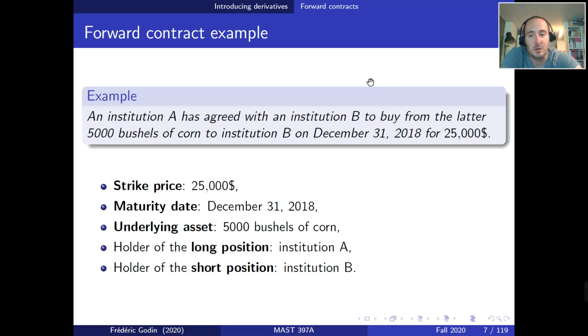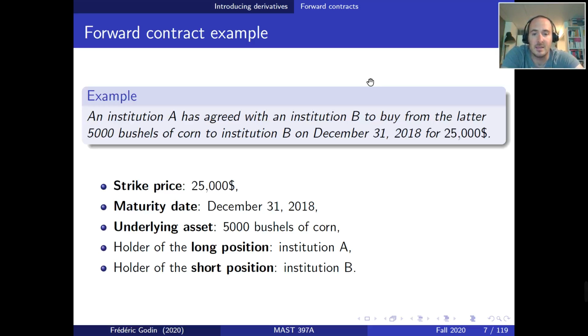So what would be the strike price here? It's the price at which the transaction takes place, which is $25,000. The maturity date is the date of the transaction, which is December 31st, 2018. So the underlying asset will be exchanged on that date.